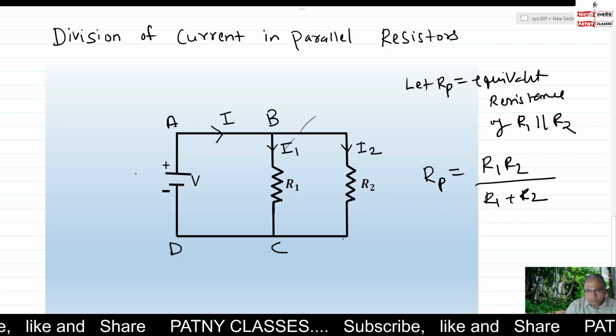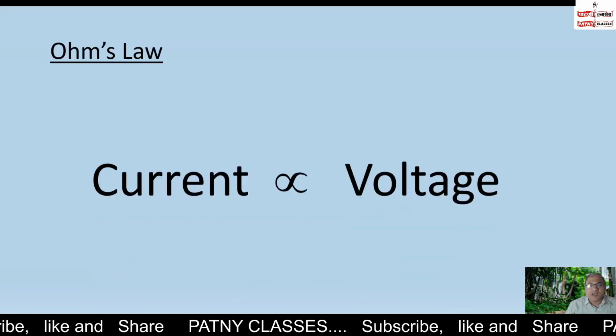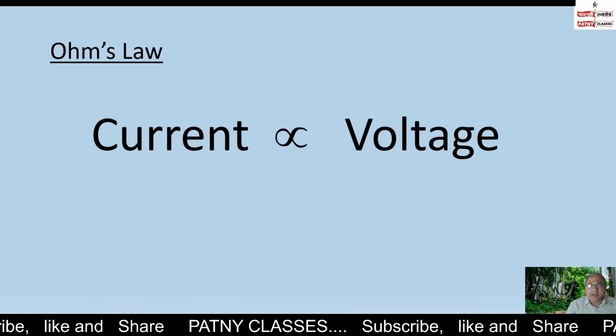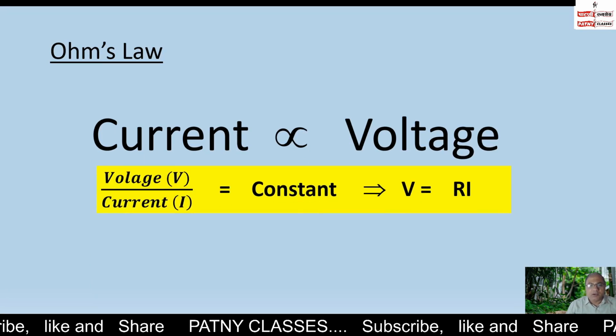Now, the voltage across R1 is nothing but V, and we can apply Ohm's law here. What is Ohm's law? Ohm's law says current is directly proportional to voltage, or voltage upon current equals a constant. Therefore, voltage equals resistance into current.